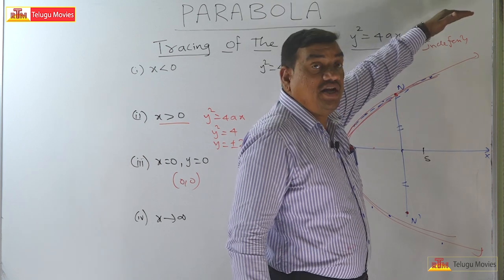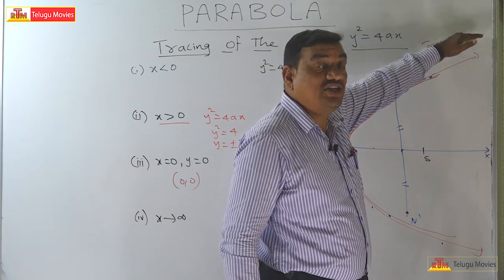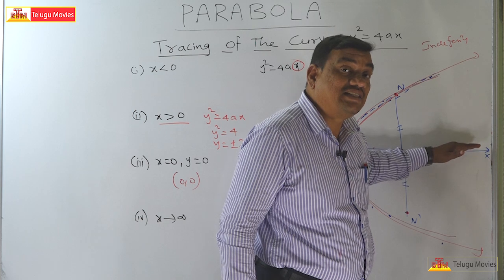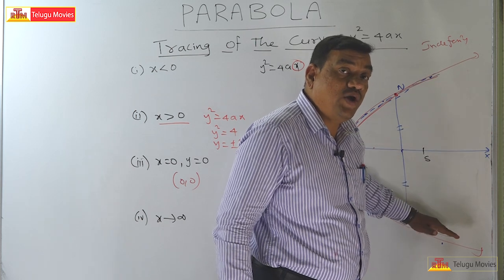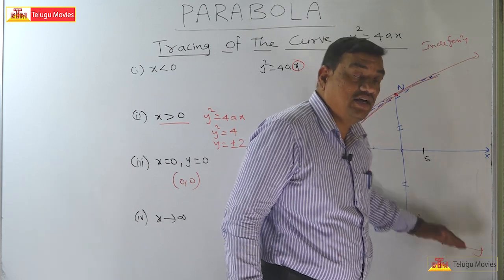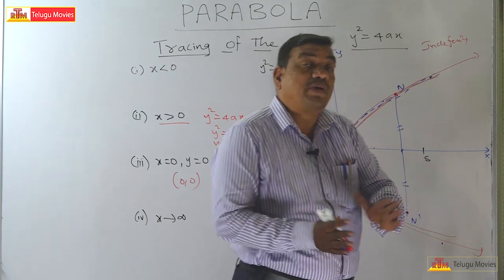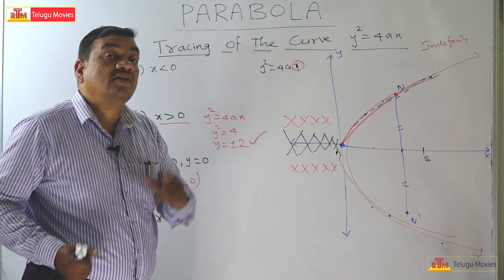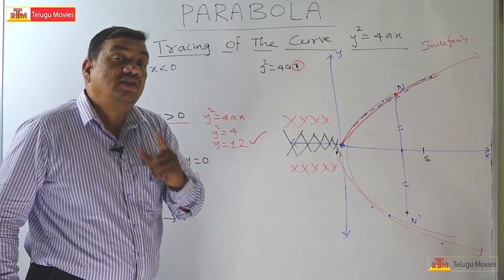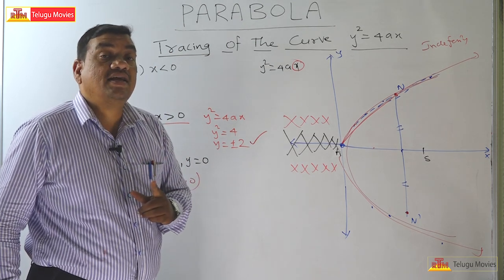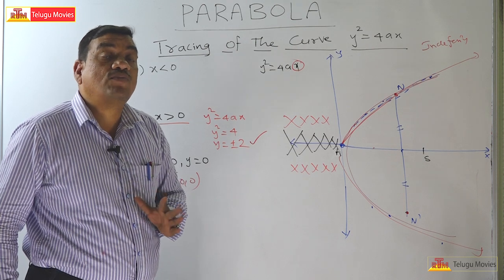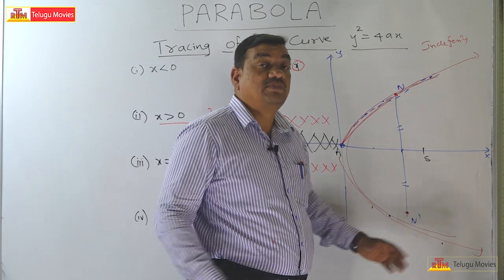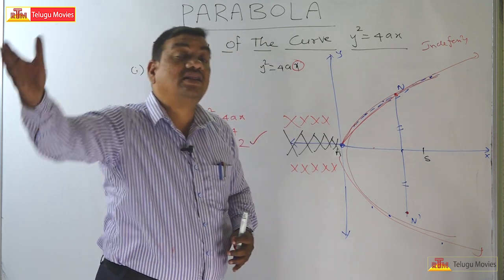Thereby for every point above the x-axis, there exists another point below the x-axis. Therefore, it extends in both branches. Both branches extend indefinitely. That's why we can say that there won't be any intersection point of these two branches. That means they won't meet anywhere.